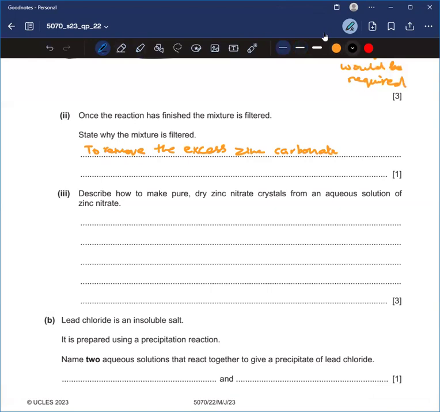Basically, as it's a soluble salt, it is dissolved in this solution, so we can't just filter it out. What we can do is perform the crystallization process.